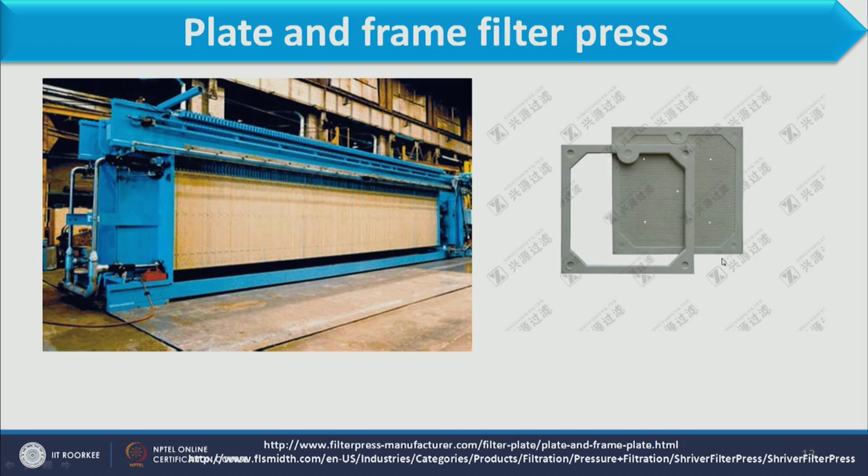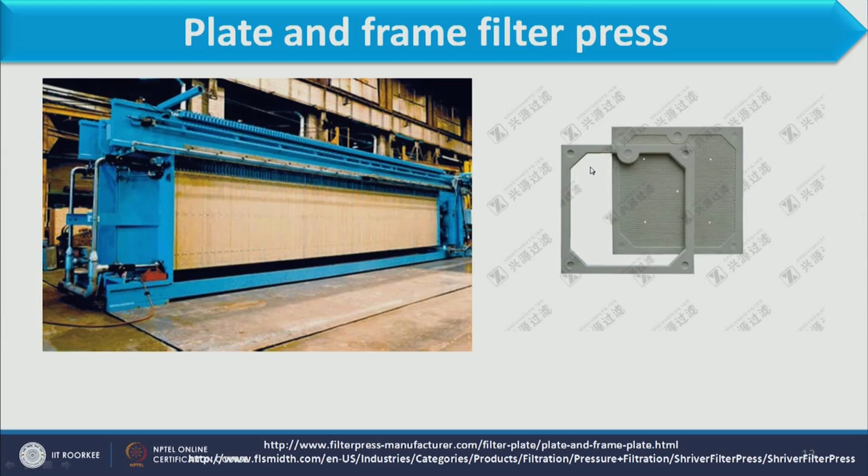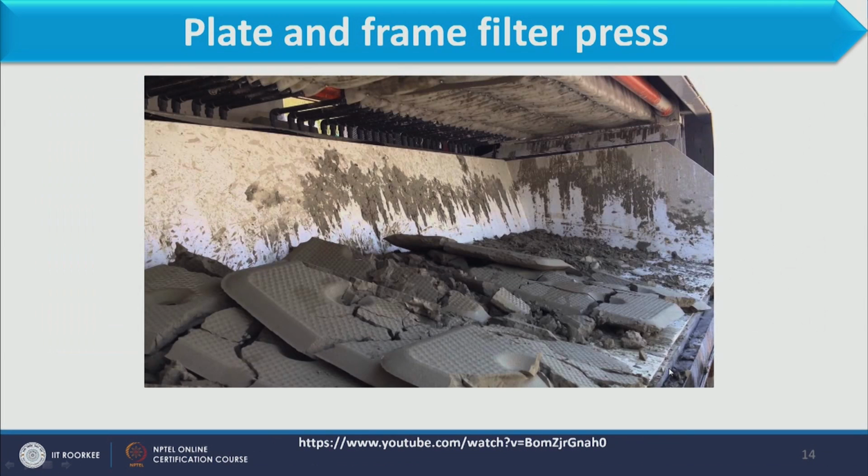Now as far as plate and frame is concerned, in this diagram you can see the plate is basically formed with metal. However, the frame is hollow. So the basic feed enters over here, and both sides of the plate and both sides of the frame are covered with the filter media through which filtration takes place, that I have already explained.